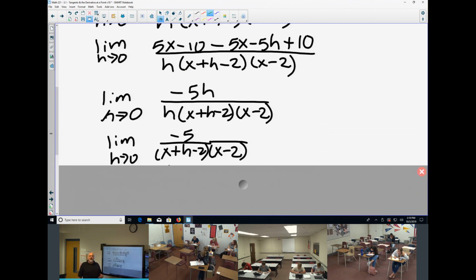Now you can finally plug in 0 for h, because up till that point you can't, not until you cancel the h's. But now you can plug in 0 for h.